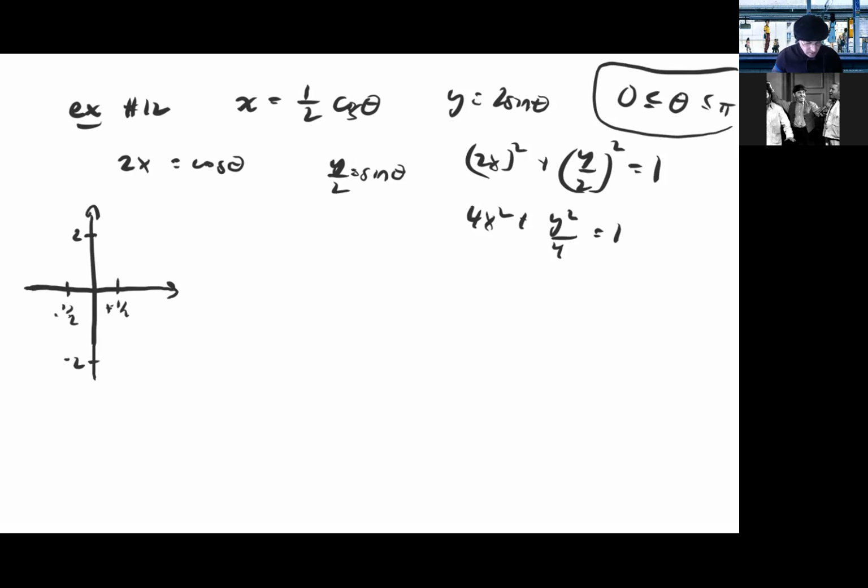Now when theta is 0, x is a half and y is 0, so it's starting off here, and it's winding around. When you get theta equals pi, it's halfway, and this is the curve in green. I would call this a semi-ellipse. So that's our curve. Okay, let's do another one.